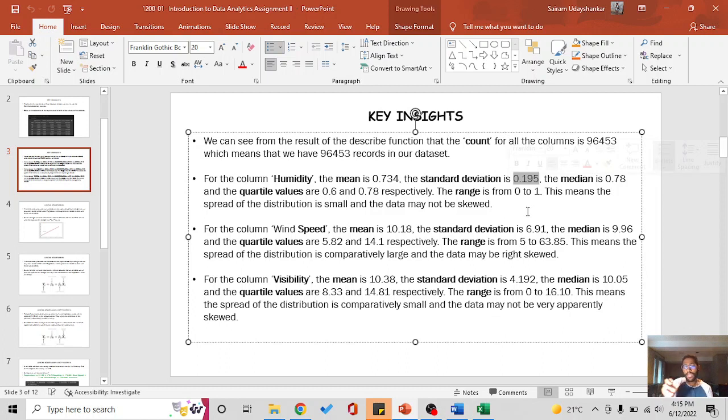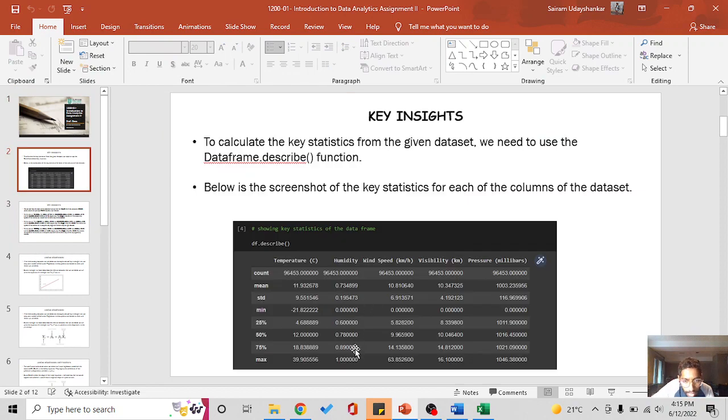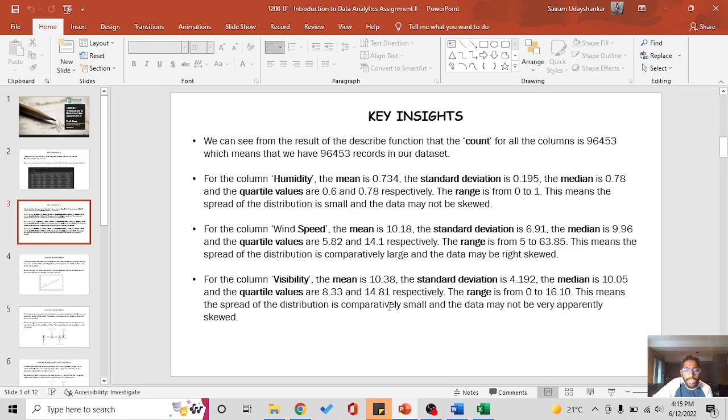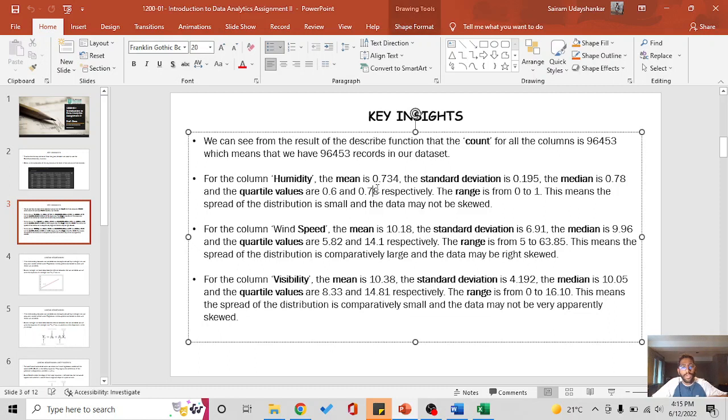That means the data is not spread out from the mean, it's closer to the mean. All the points are scattered near the mean. We have the median 0.78, which is also the 50th percentile mark, falling between the quartiles. The lower quartile is 0.6, and the upper quartile is 0.89.